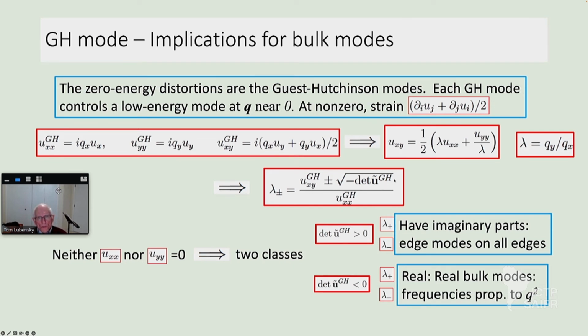Now notice that if the determinant of this matrix, which we can calculate because we know what the stresses are, is greater than 0, then there's a minus sign here, and both lambda plus and lambda minus have imaginary parts, giving rise to edge modes that decay exponentially into the bulk with an inverse decay length given by this value. On the other hand, if the determinant is less than 0, then this turns out to be real, and all we have are bulk modes.